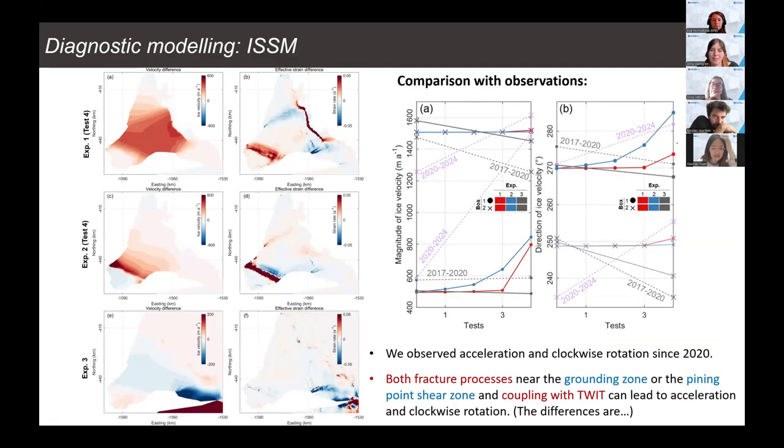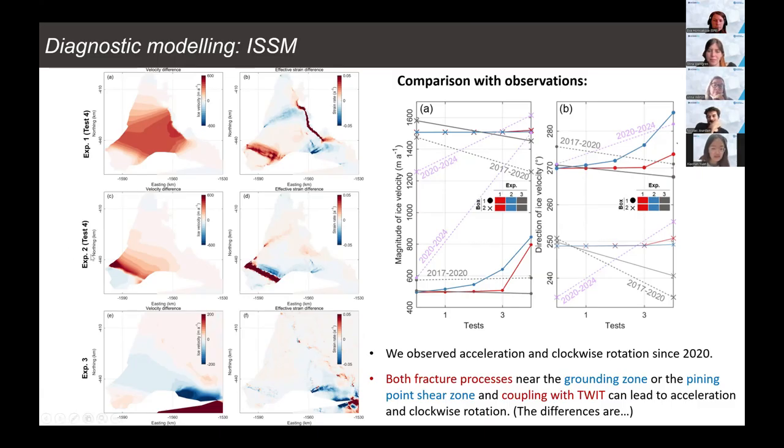And here are the results. Here is the ice velocity change, and this is the effective strain change. For experiment 1, we can see it can cause a widespread acceleration for the entire ice shelf. If you look into the effective strain rate, it can increase the effective strain in the downstream pinning point, which aligns with our design of experiment 2.